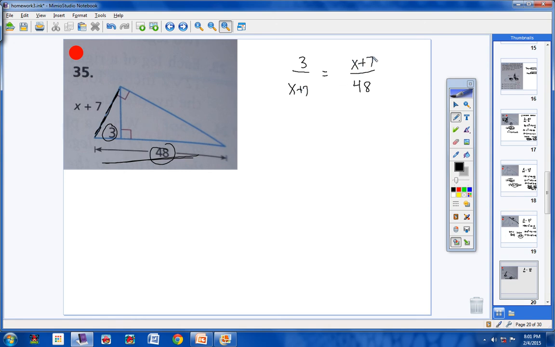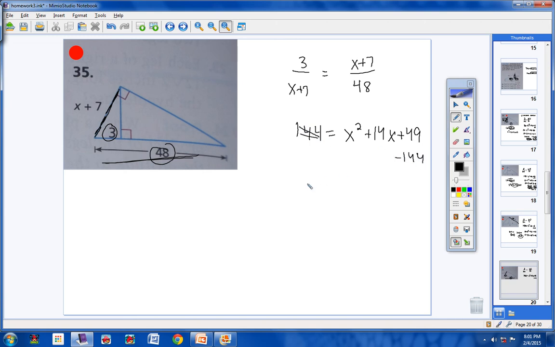If we multiply 3 times 48, we're going to get 144 again, like we've got a lot these times. And if we multiply x plus 7 times x plus 7, we're going to get x squared plus 14x plus 49, okay? Let's bring the 144 over and make it a negative 144.